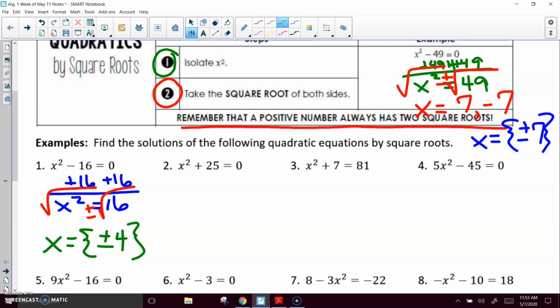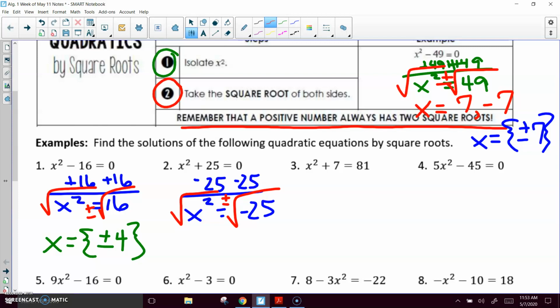Number 2, x squared plus 25 equals 0. Let's get the x squared by itself. Subtract 25 from both sides. That gives us x squared equals negative 25. My x squared is isolated, so I will square root both sides. Don't forget the plus or minus. What can you square to get negative 25? If I square 5, I get positive 25.